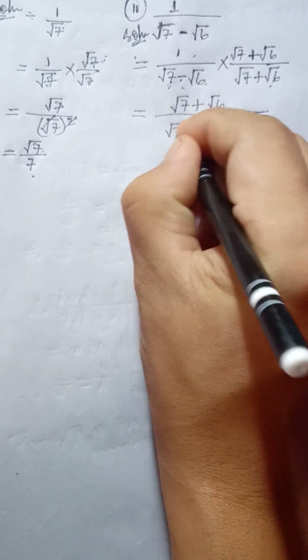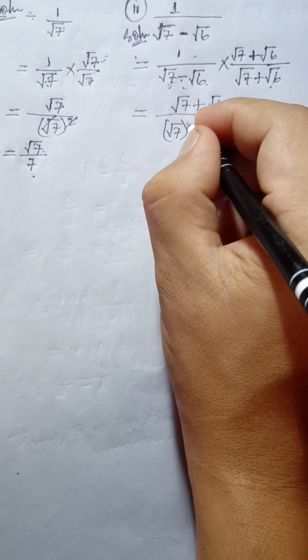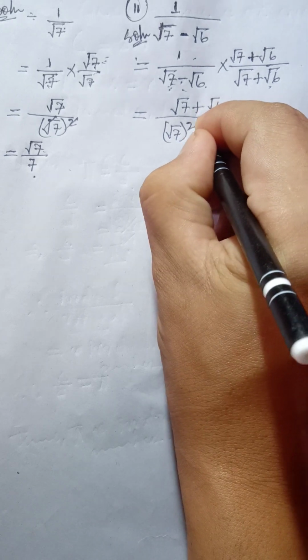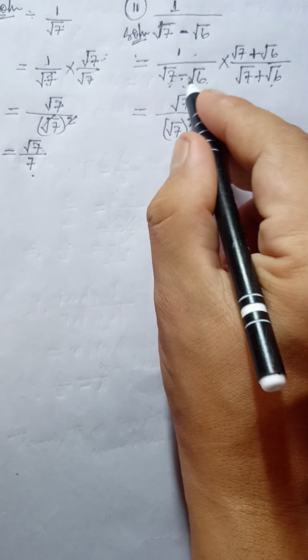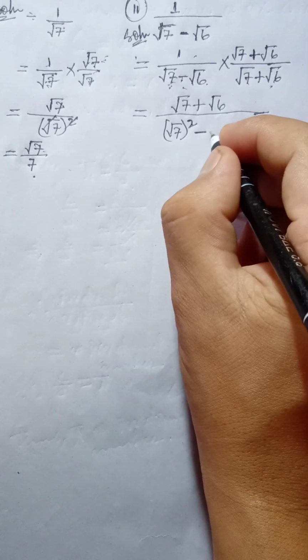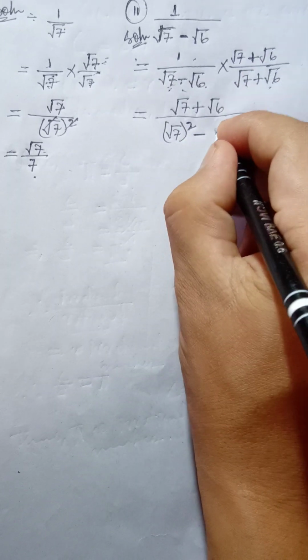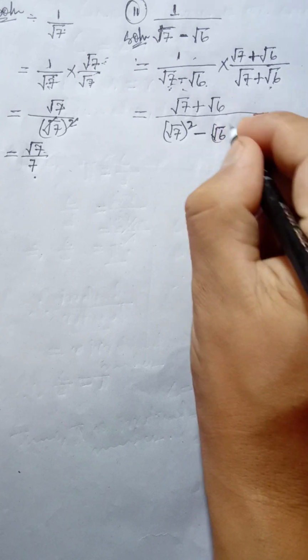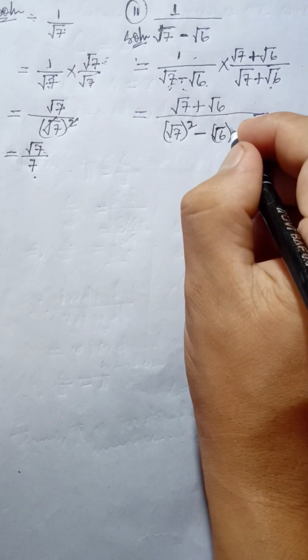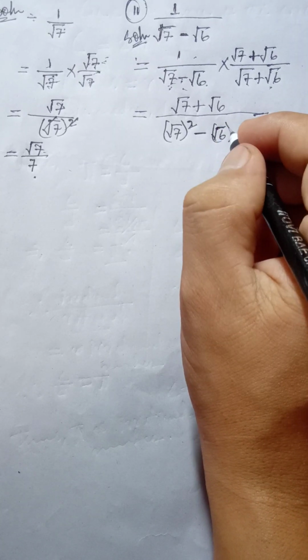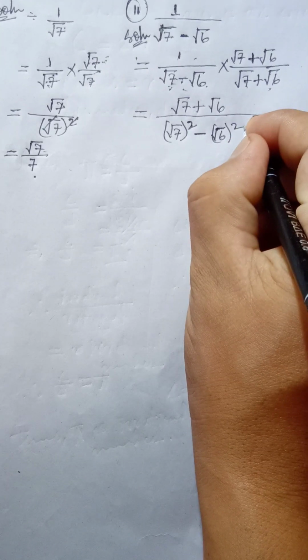What is the value of a? That is root 7, and the formula has a square, so I put a square here. Then in the formula we have minus. Right after that, we put the value of b, that is root 6, and as the formula says, b is in the form of b square, so I write it squared here.